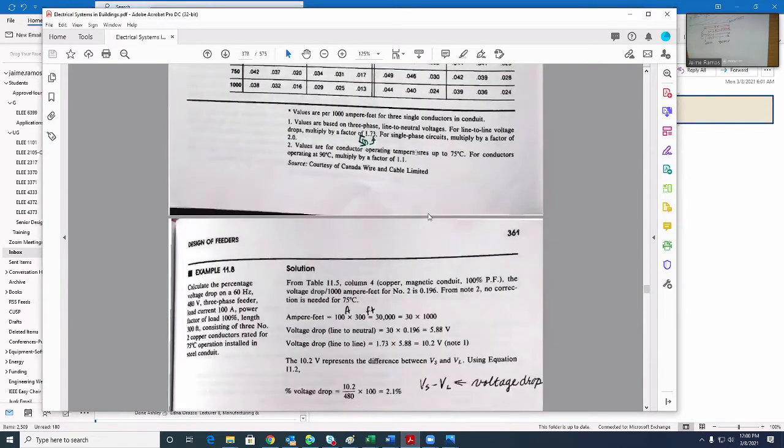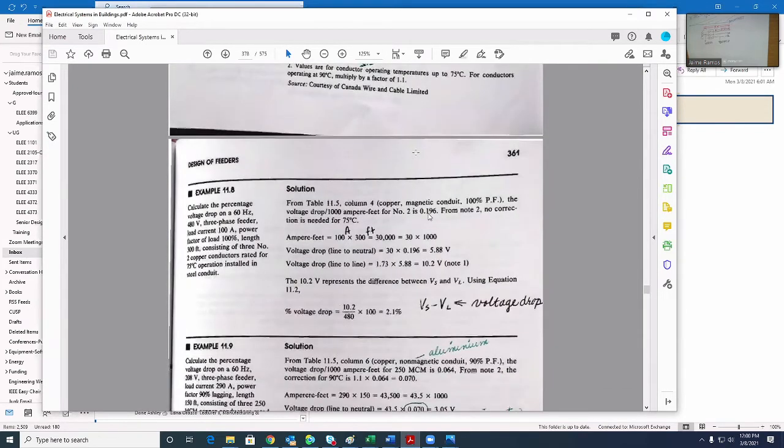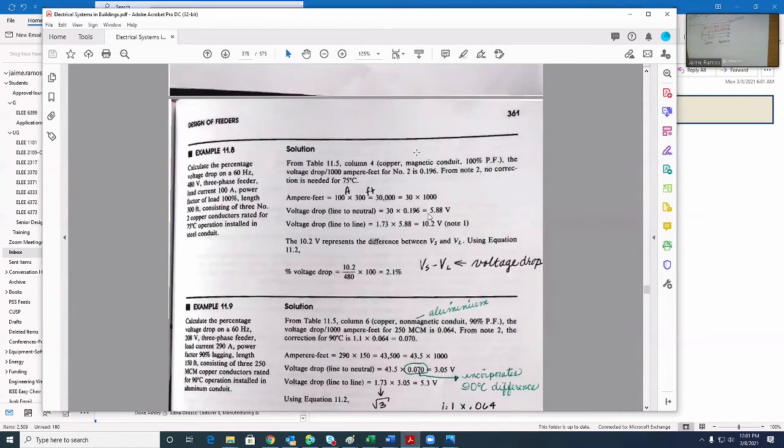Fine. So then this is an example. Look at the example, 11.8. 100% power factor, copper, magnetic conduit, voltage drop per 1000 ampere-feet.